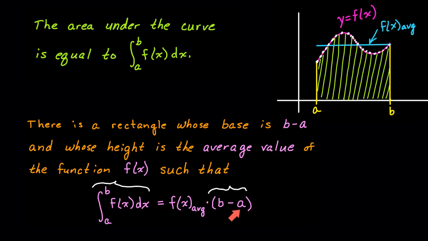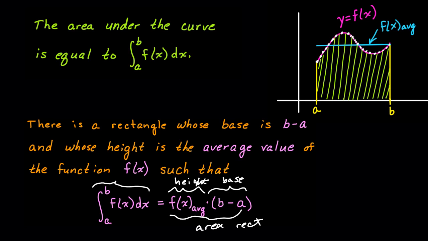So b minus a is the length of the base, this is the height of the rectangle, which means this together gives you the area of the rectangle. And the integral is the actual area between the curve and the x-axis.